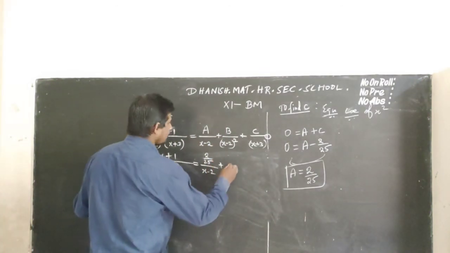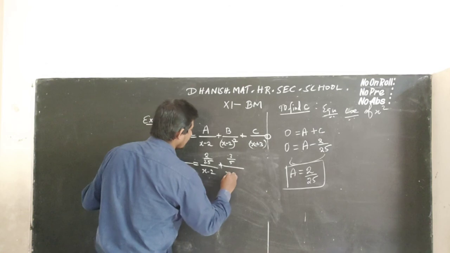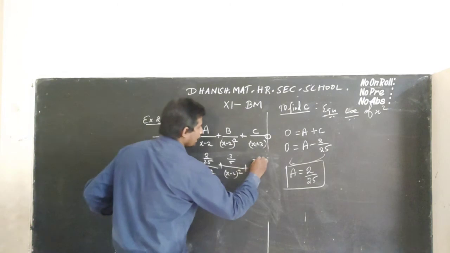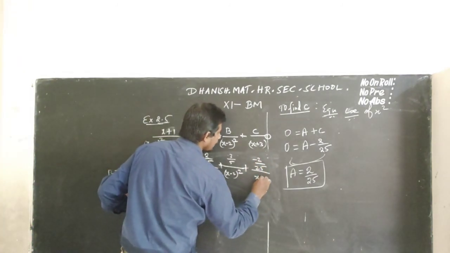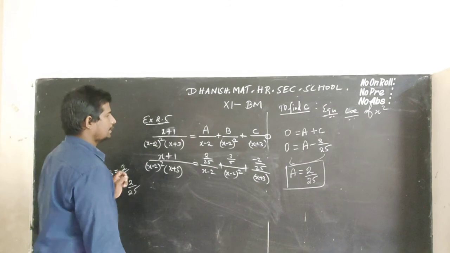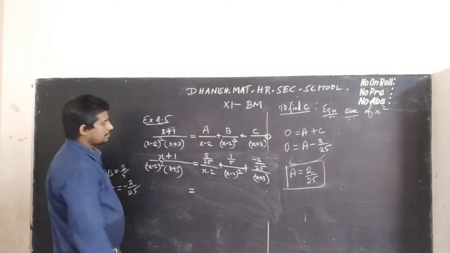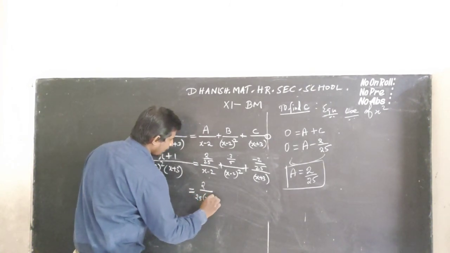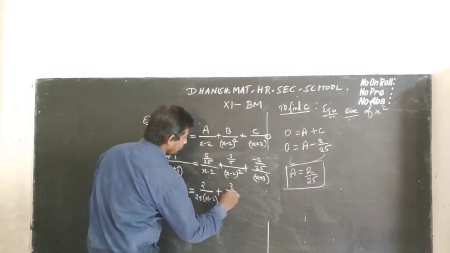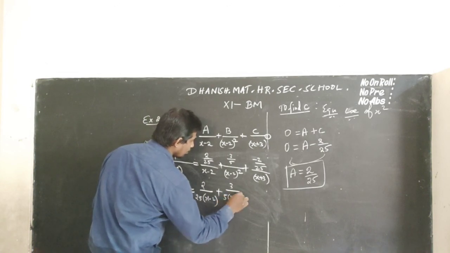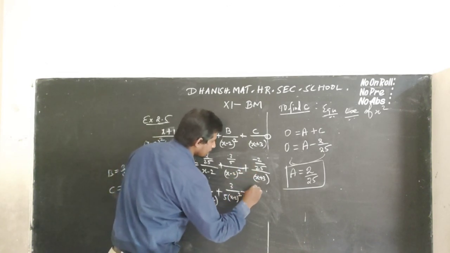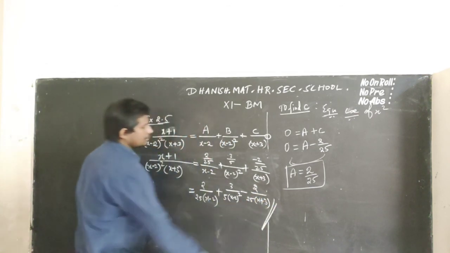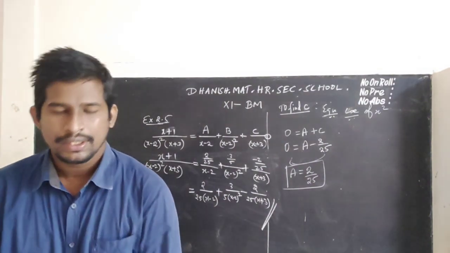What's our b? 3 by 5 divided by x minus 2 whole square, plus c. What's our c? Minus 2 by 25 divided by x plus 3. This is equal to 2 by 25 into x minus 2, plus 3 by 5 into x minus 2 whole square, plus minus 2 by 25 into x plus 3. This is our required answer. Thank you.